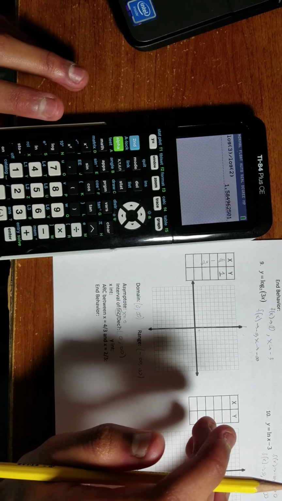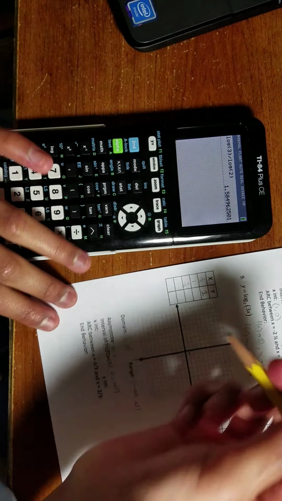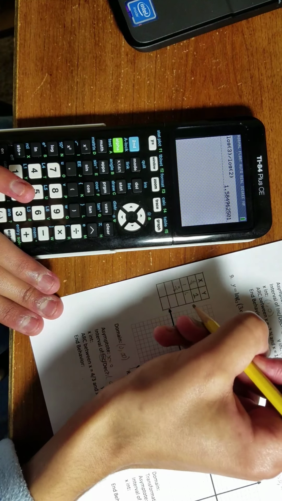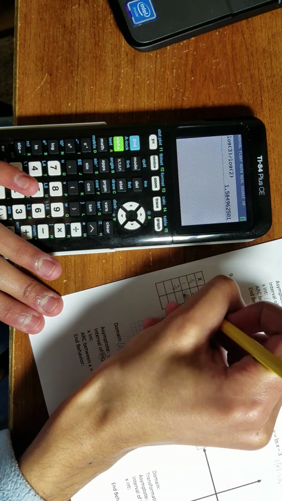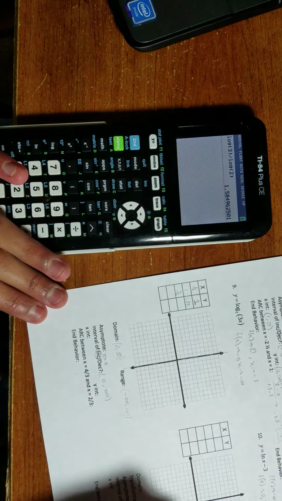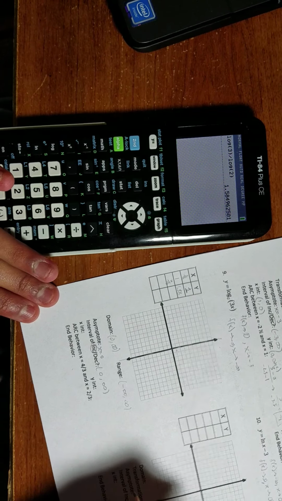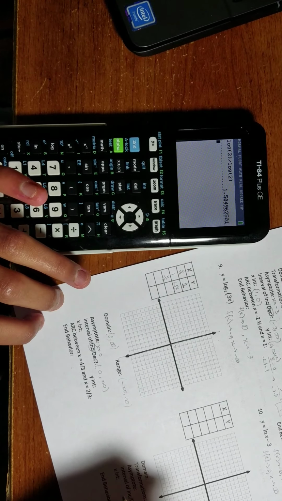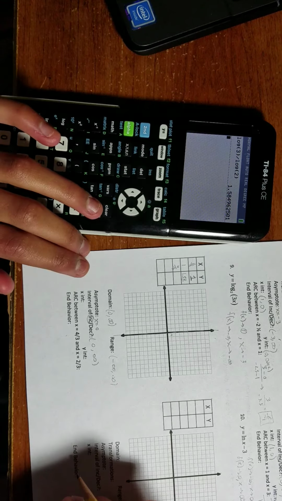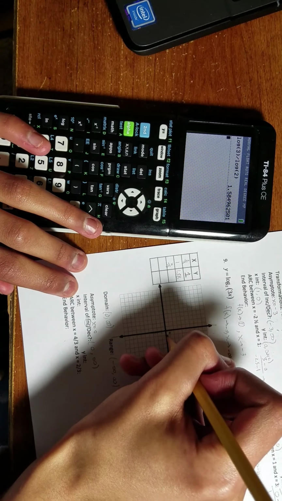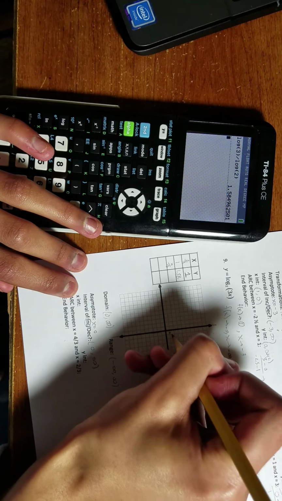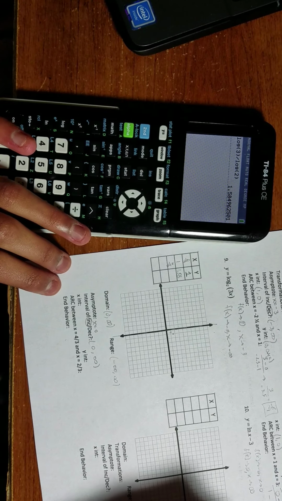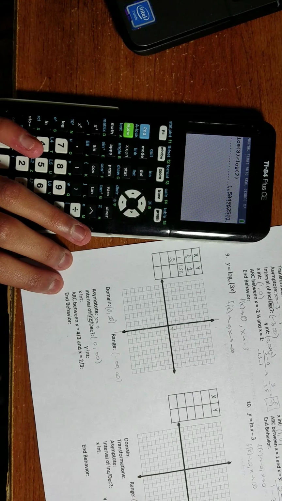That's your change in bases, and then you get 1.58, which sounds pretty accurate so far. Always round to whatever place you want. I'm doing it to hundredths.